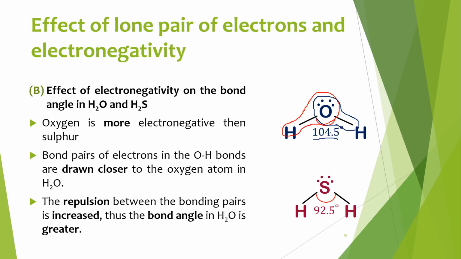Even though the electron cloud also favors sulfur because sulfur is more electronegative than hydrogen, the difference between H2S and H2O is that oxygen is more electronegative than sulfur, so that's why the repulsion between the SH bonds is lower than the repulsion between the OH bonds.